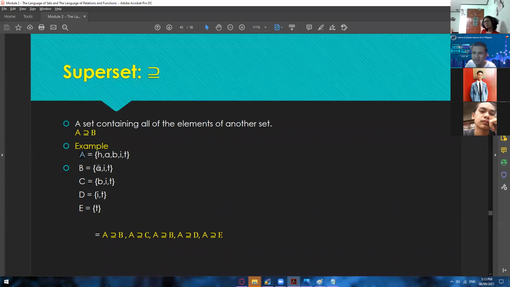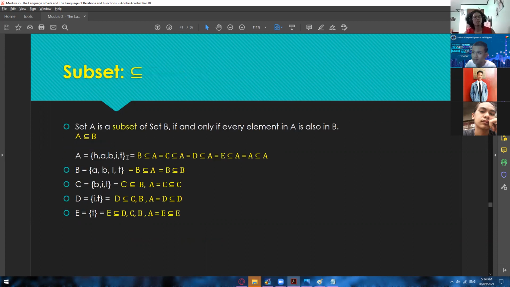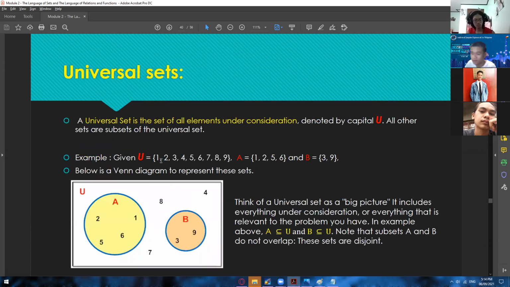So I don't think we can compare those two, since both of them are different representations or topics. We can compare subset, proper subset, and superset, but a universal set is just a representation of a bigger picture of something.